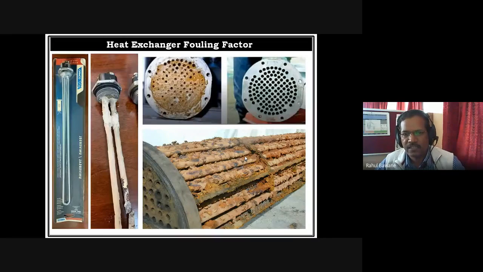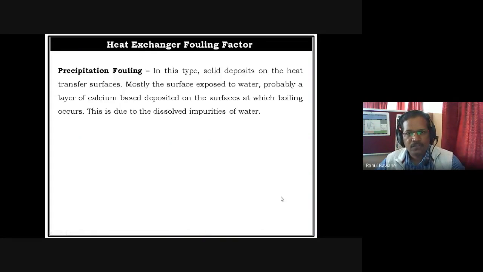That means at the beginning, the heat transferred is a large amount. That means heat exchange from hot fluid to cold fluid is large. But after such scaling, the heat transfer rate decreases. So even though it is the same size, we get a lesser amount of heat. So that is called fouling.